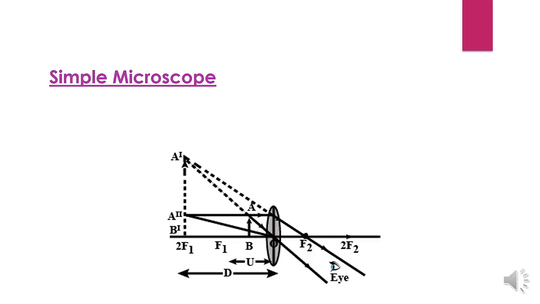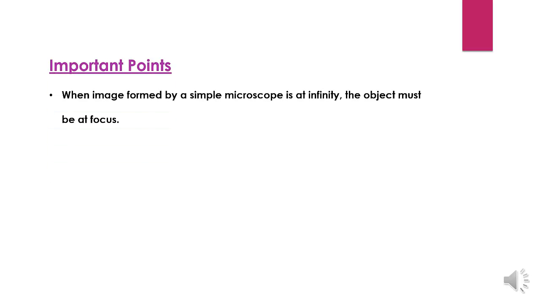That is magnifying. So what are the important points for the simple microscope which you need to remember? First one, when the image formed by a simple microscope is at infinity, the object must be at the focus. And what is the formula for magnification?